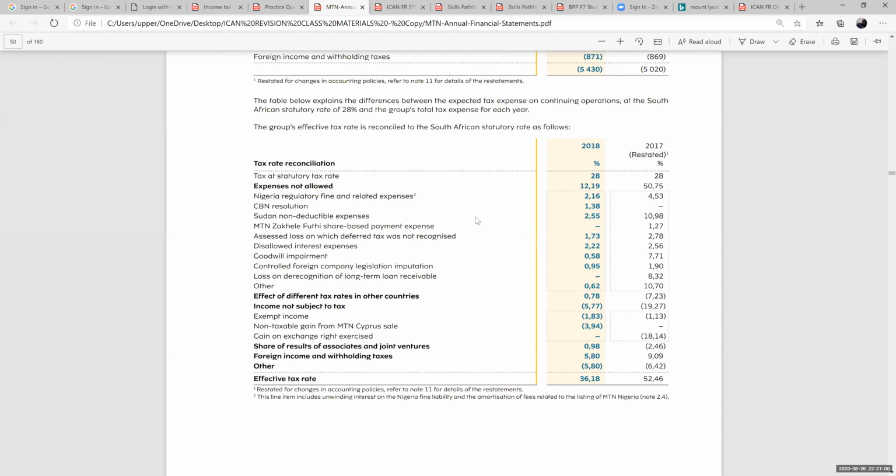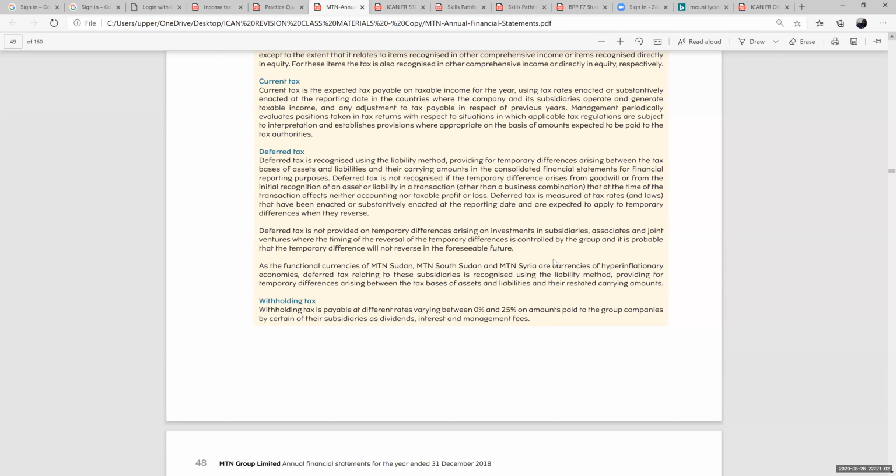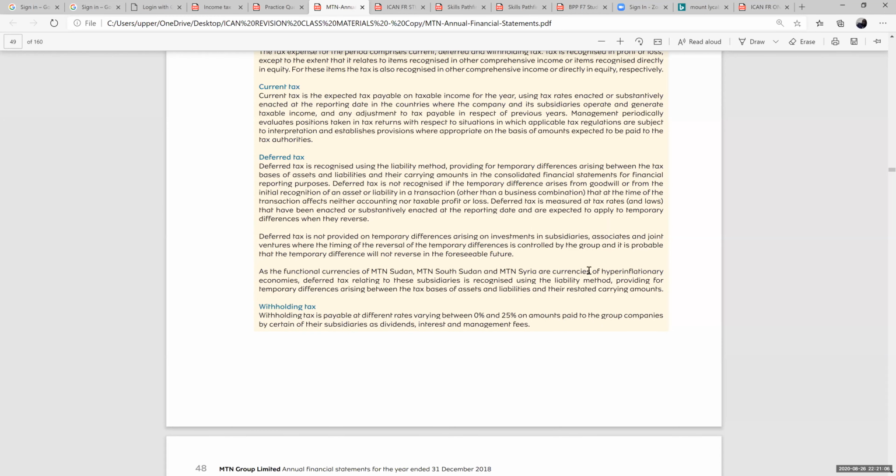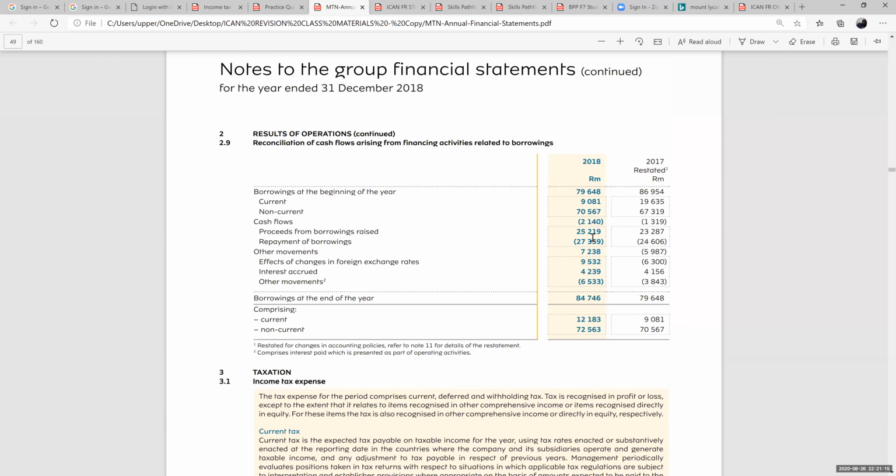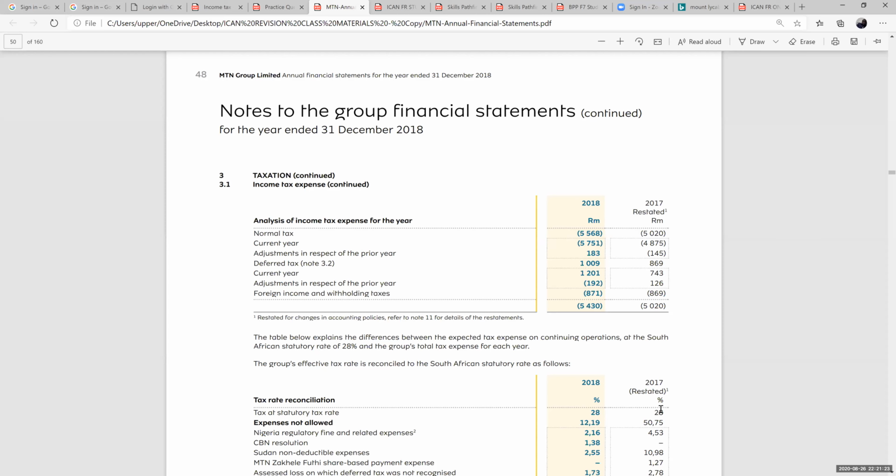The first one is the absolute, reconciling their income tax to their current tax. The difference between the normal tax and the income tax for the year is what is being shown here.